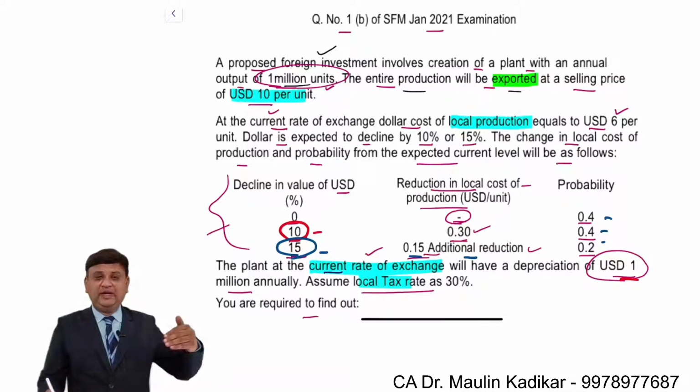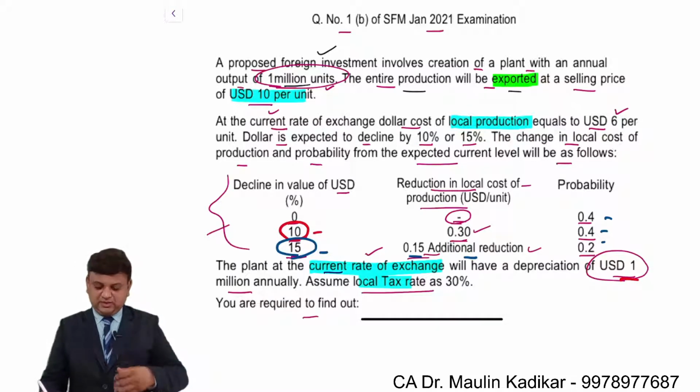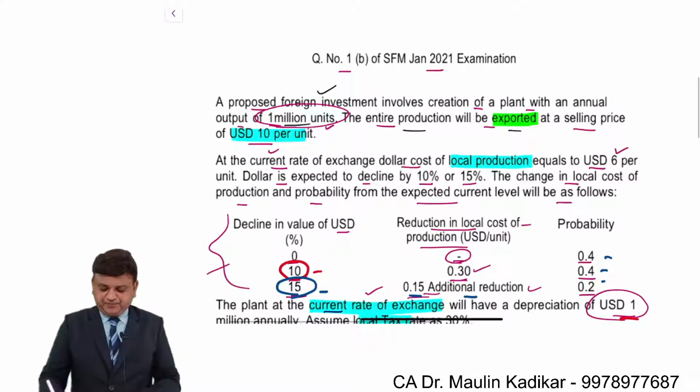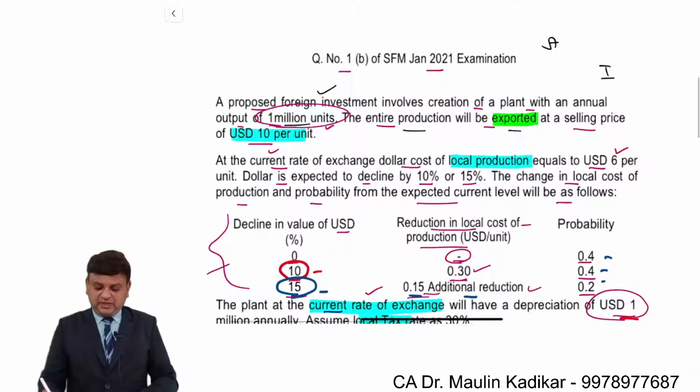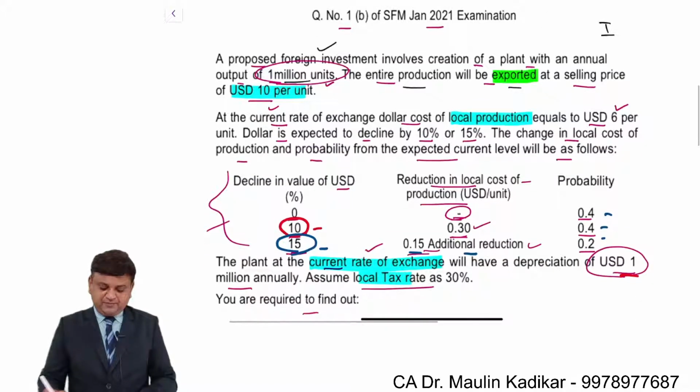Entire production will be exported. So let us assume that you are an Indian company and you are going to take up a project in Australia, and from that you are going to sell the product in the United States of America, at the rate of $10.